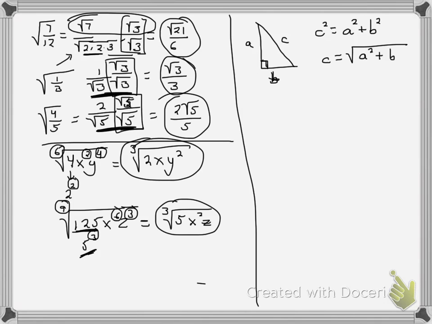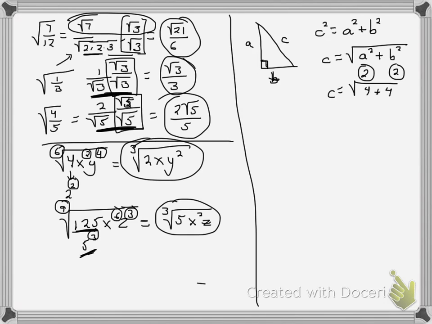This is numbers 1 through 4 in 8.4c. If I know that a equals 2 and b equals 2, then c equals the square root of 2 squared, 4, plus 2 squared, 4, the square root of 8.